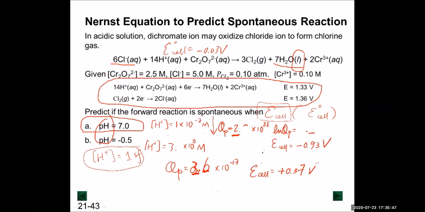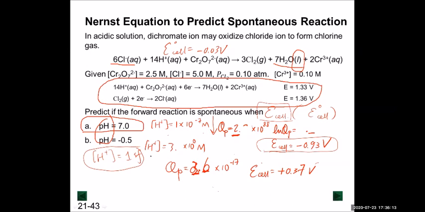So it makes sense. The final calculated quotient is very large and the cell potential is very negative, which means it favors the reactant. For this reaction at high pH, the reaction will shift to the left, because of the low concentration of reactant.